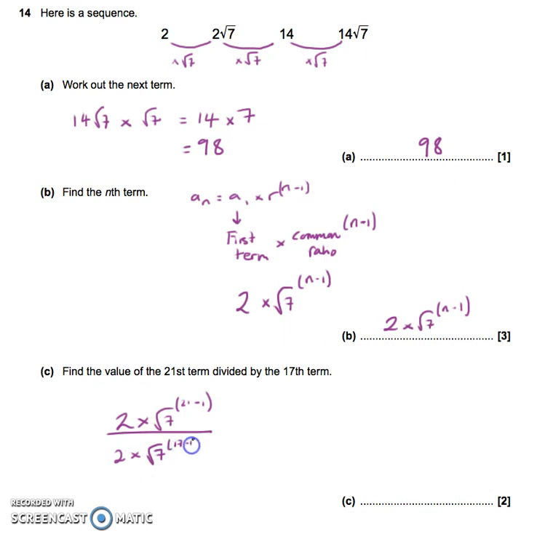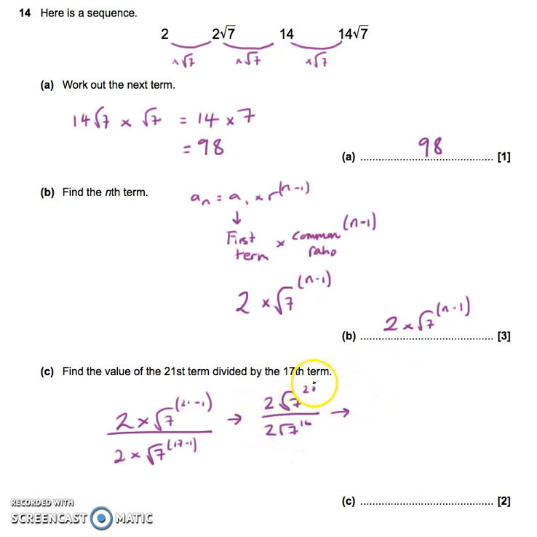So that's simply going to be 2 root 7 to the power of 20 over 2 root 7 to the power of 16, which we can cancel the 2 straight away.